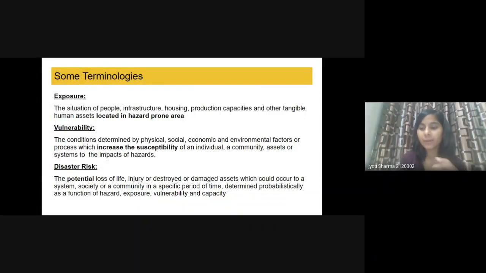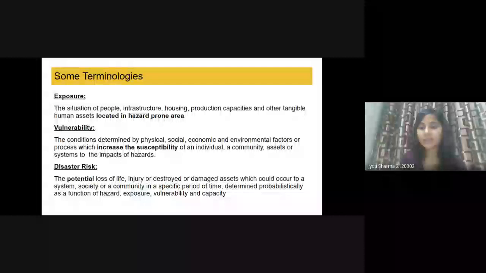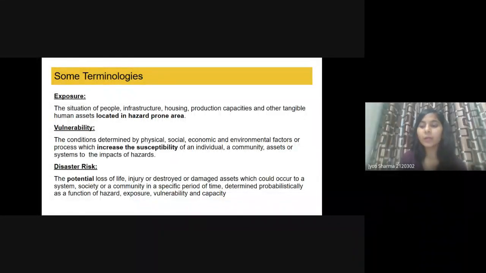Means the person that doesn't have the AC is more vulnerable to the event, but the one that has the AC inside their house is less vulnerable. So it is a kind of sustainability you have. So is it clear what we mean by vulnerability, Philip?